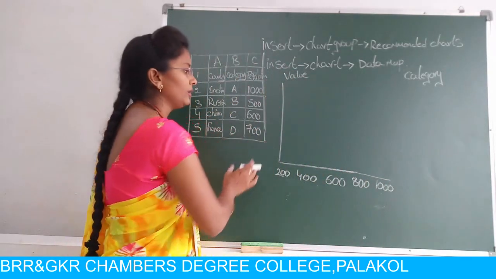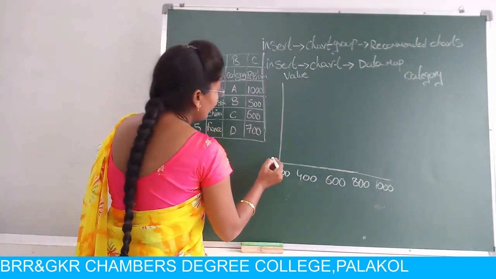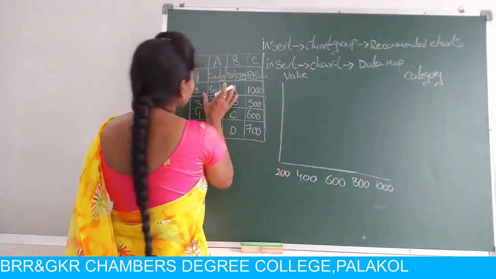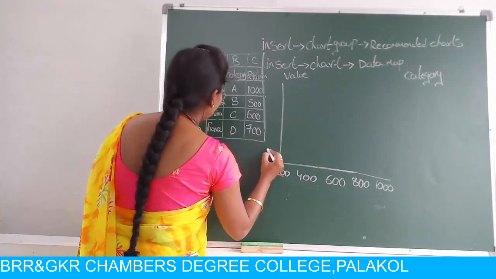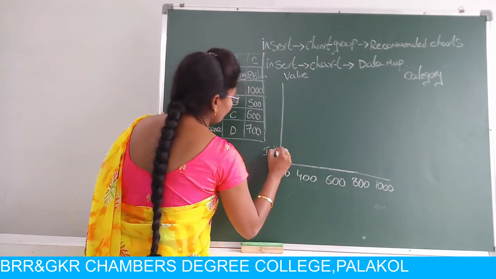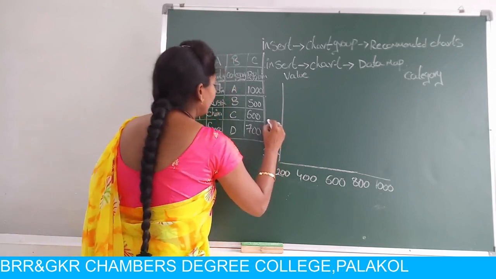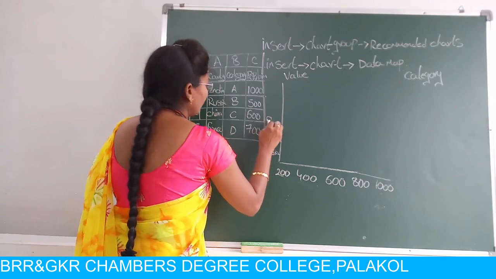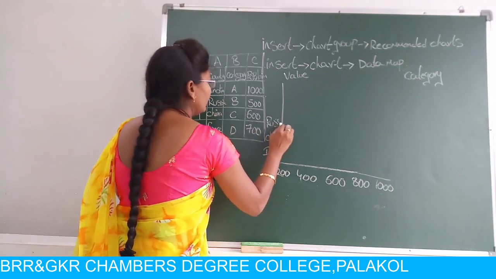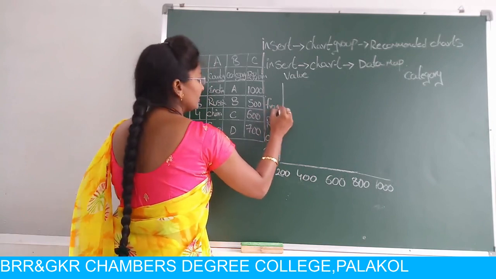According to the data, the chart will be displayed. And from the right hand side, you can see the names of the countries. That means India, China, Russia, and France.